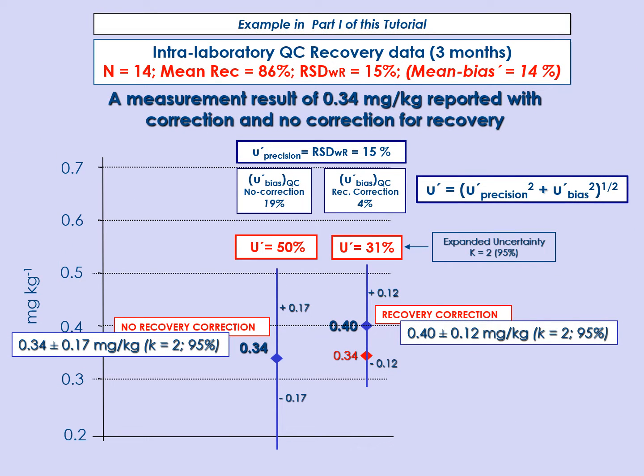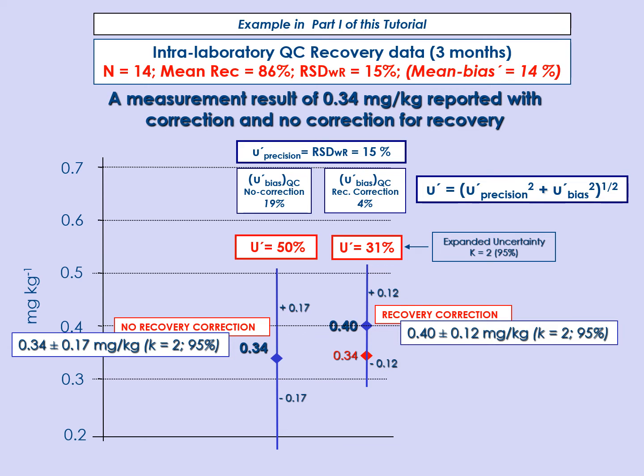Let's take the example presented in Part 1 of the tutorial to show again the significance of reporting a result, either corrected or non-corrected, with the mean recovery factor. This slide presents graphically how this laboratory would report an analytical result of 0.34 milligrams per kilogram.